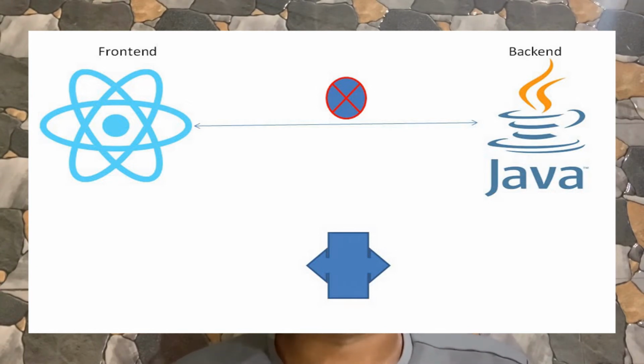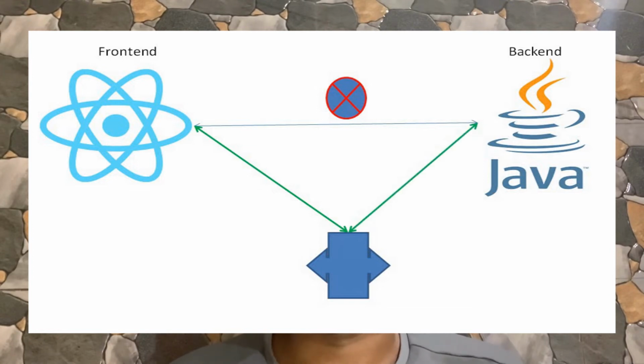So how will you do that? You will create an API endpoint for your Java method, which can be consumed by your JavaScript front end. You will convert the Java object to an understandable format like JSON or XML, which will be understandable by your front end.